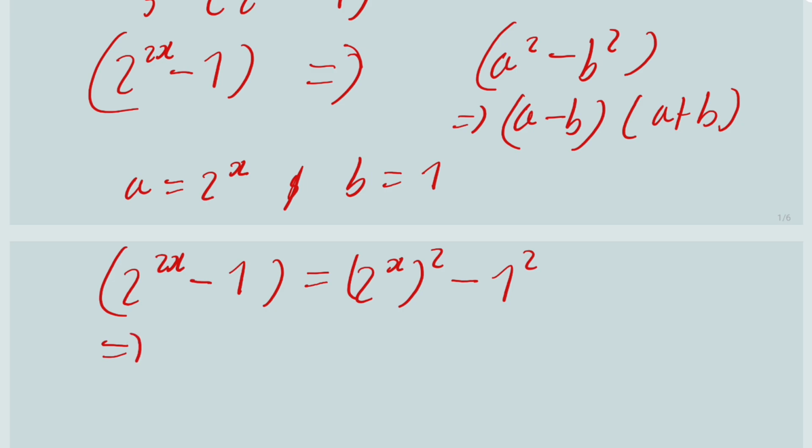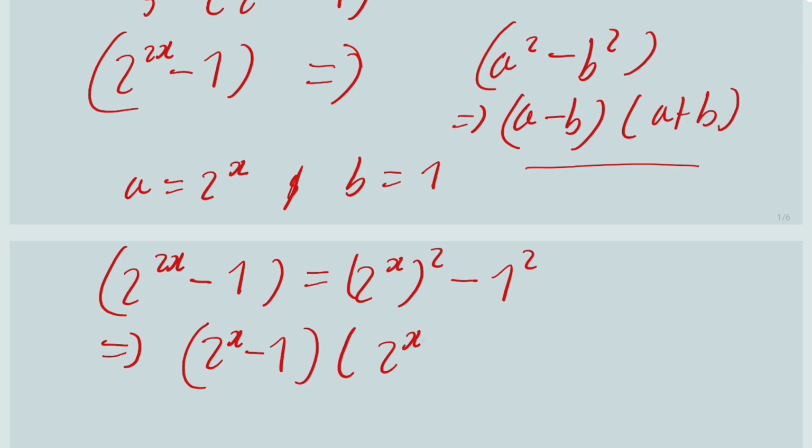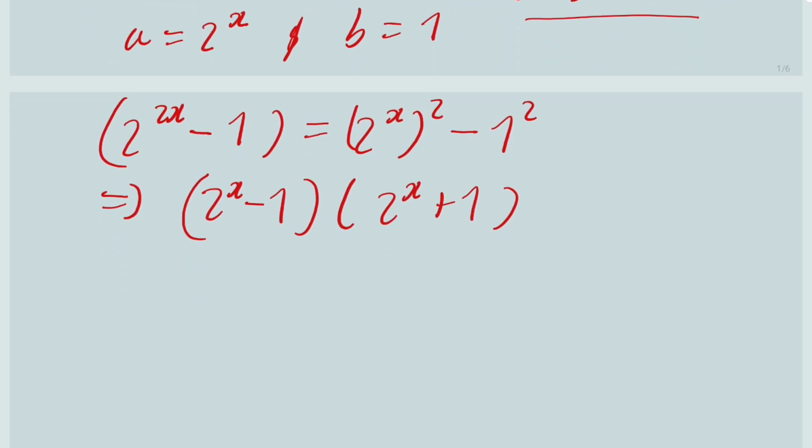This will simply give us 2 to the power x minus 1, in bracket, times 2 to the power x plus 1. Now, if we look at it, we're going to substitute this in our equation.